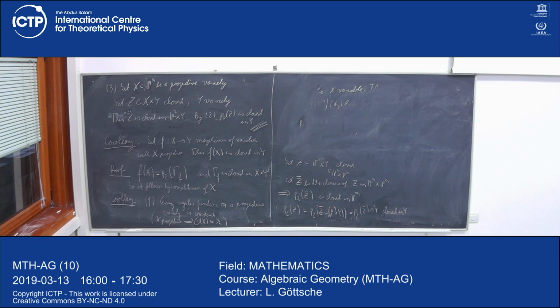If you look at it over the complex numbers, such a function would be essentially a bounded holomorphic function on this thing, only that it's in several variables, but still a bounded holomorphic function. And so by the Liouville theorem, such a function has to be constant. So it is very similar to the Liouville theorem. Instead of doing it in the algebraic setting over an algebraically closed field, if you do it over the complex numbers, it is a manifestation of the Liouville theorem, or maybe, if you want, a generalization of that.